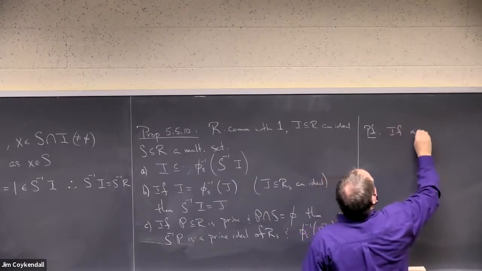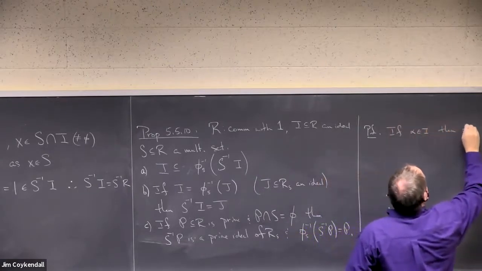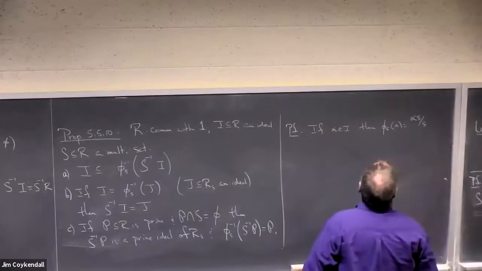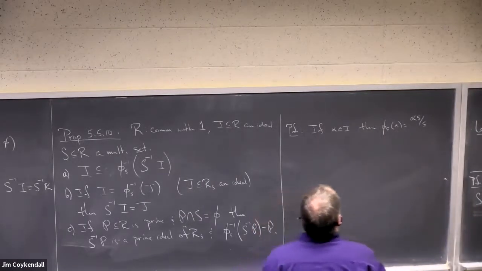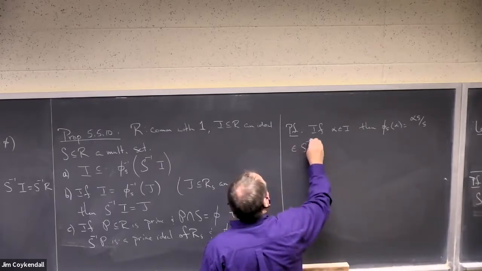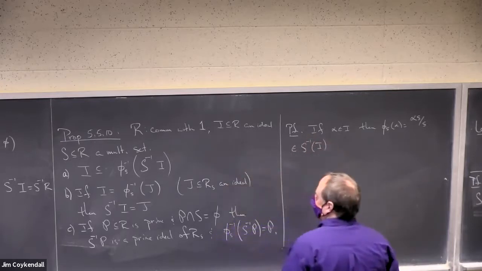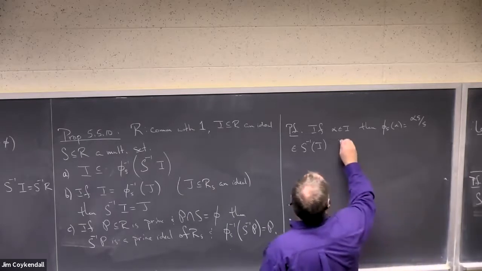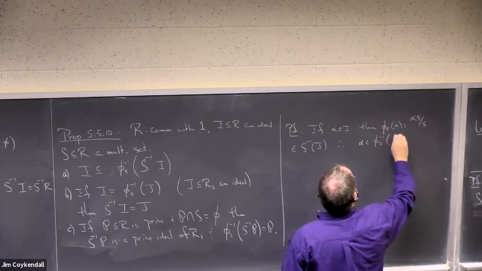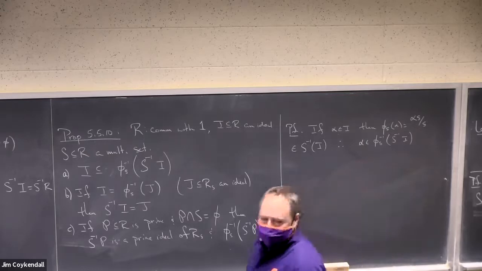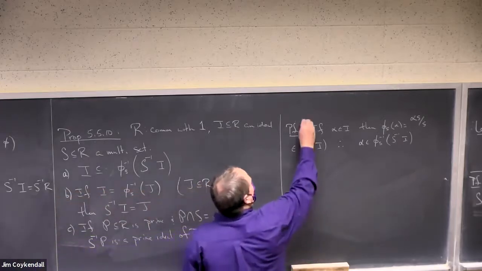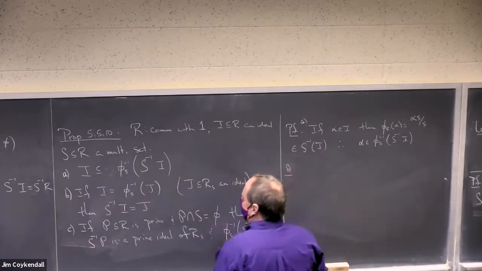If alpha is in I, then phi_S of alpha is alpha over S, which by definition is in S inverse I. Therefore, alpha is in the pre-image. So there you go.